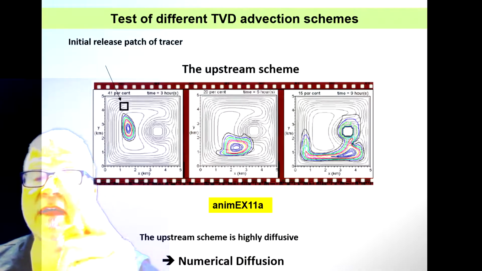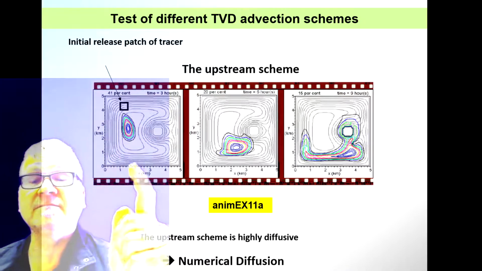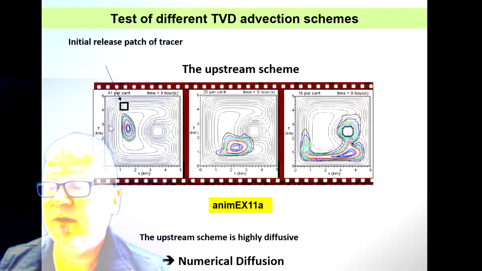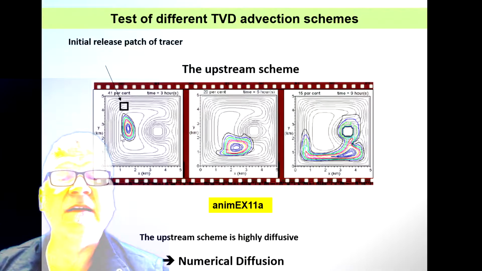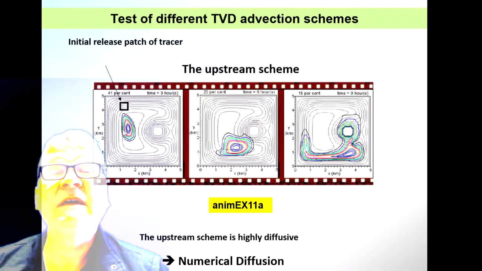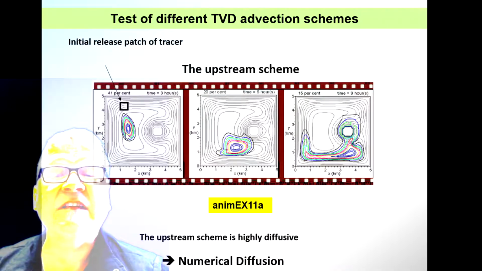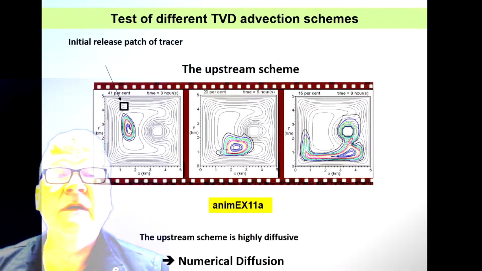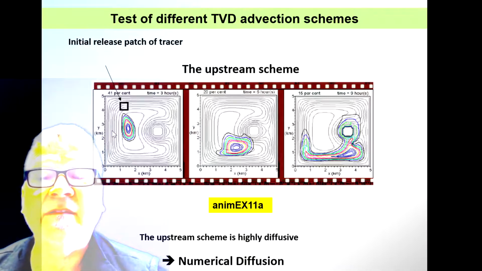Okay, so after 3 hours, these are contours, these lines. A contour has the same value along these lines, but you can see that there are many of these lines. So this initial patch, which was a square patch, has actually become a patch where the highest concentration is in the center, and then the concentration decreases away from the center.